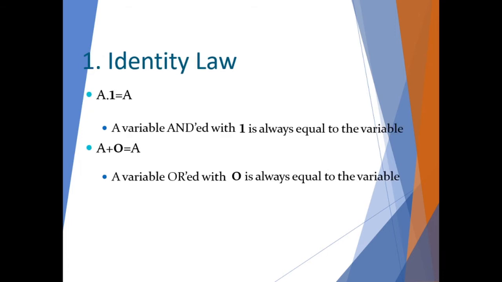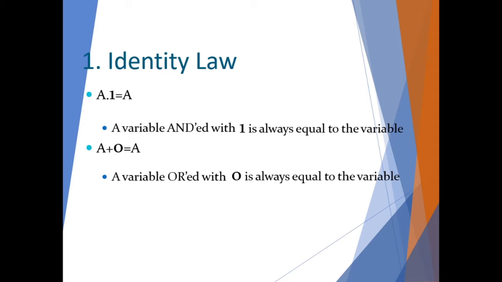First one, identity law. That is, A dot 1 is equal to A. We can read it as A AND 1 is equal to A. That means a variable ANDed with 1 is always equal to the variable.